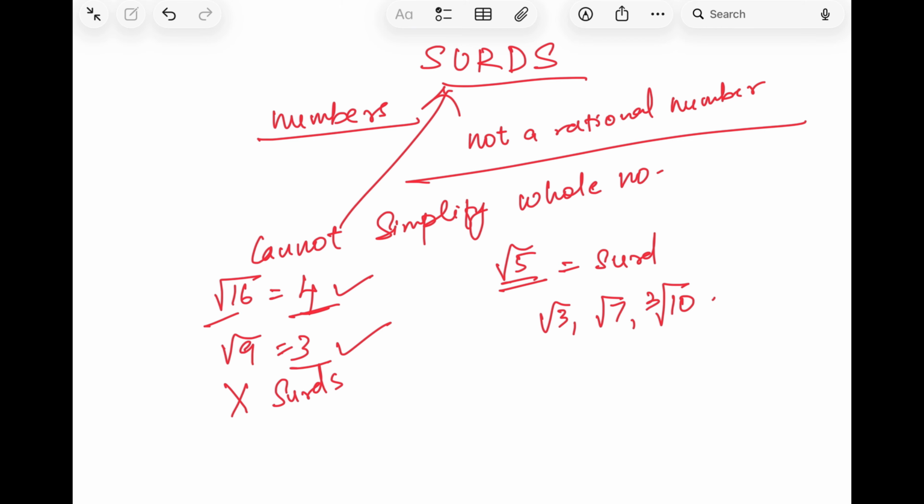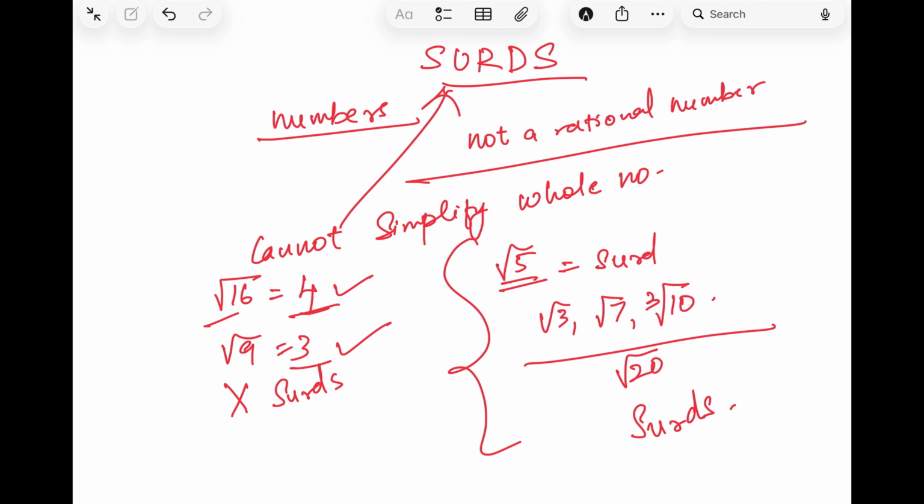So if you see square root of 3, square root of 7, cube root of 10 or square root of any other number, say suppose 20, is not possible. So all these are called as surds. So I hope what is surds is understood quite well, right?